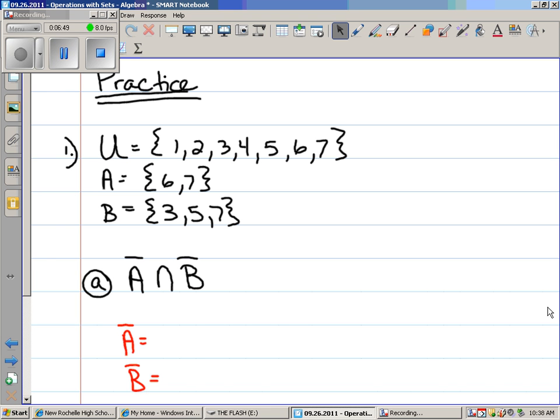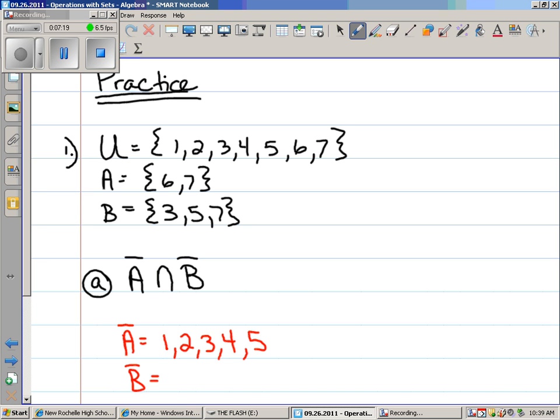In order to figure out what the intersection of the complement of A and B looks like, we have to figure out what is the complement of A and what's the complement of B. So what is the complement of A? 1, 2, 3, 4, and 5. It's all the numbers that would complete set A and create the universe.